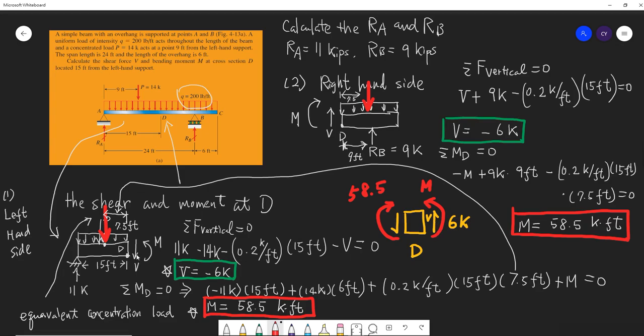The positive is downward here, but because the calculation result is minus, the shear becomes upward here and downward here. So this is our example for you.